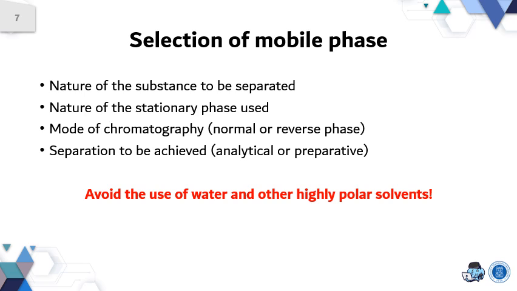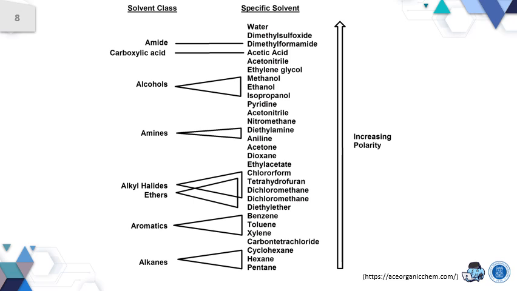You should also note to avoid the use of water and other highly polar solvents. Why? Because it may loosen the adhesion of the layer to the glass plate, so the silica gel will be dissolved in the water and highly polar solvent, and then it will not give a good result for your TLC. This is the diagram of solvent polarity that may help you find a suitable mobile phase for your TLC analysis.